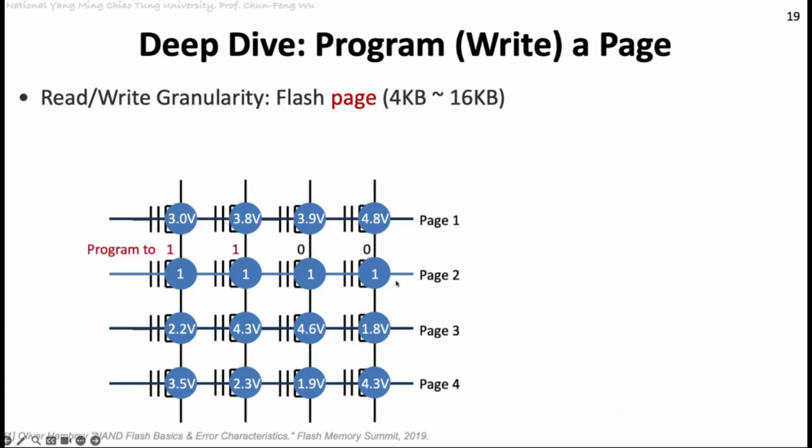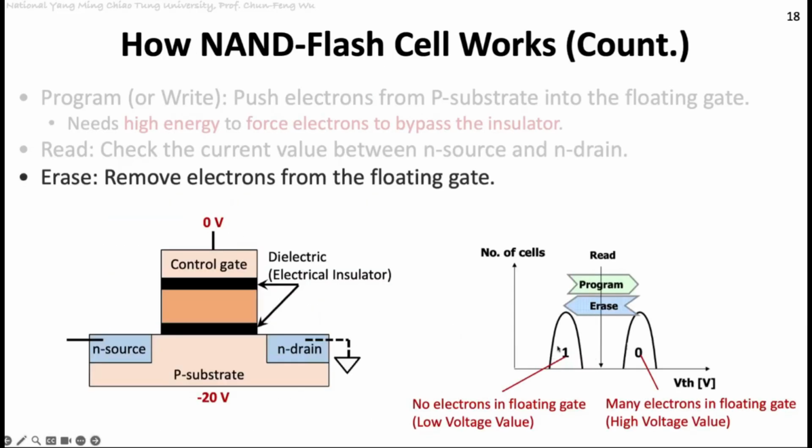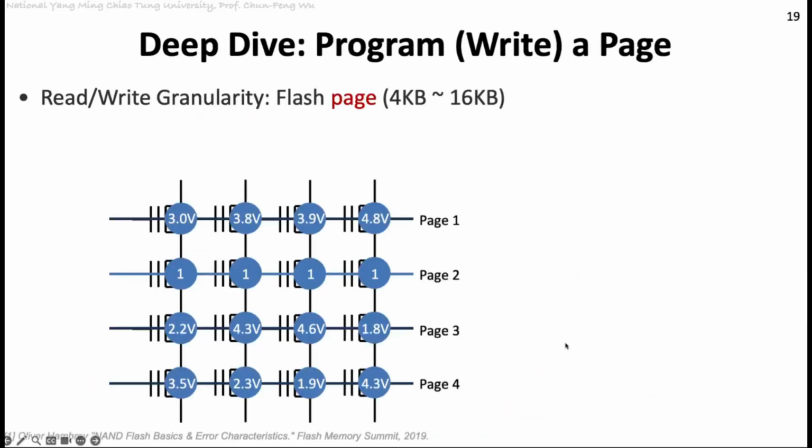When we are going to program the second word line, or page 2, to 1100, and for example, now it is 1111, where 1111 means there are no electrons inside the floating gates, then programming to 1100 means we are going to push electrons from the P substrate into the floating gate for the latter 2 memory cells.